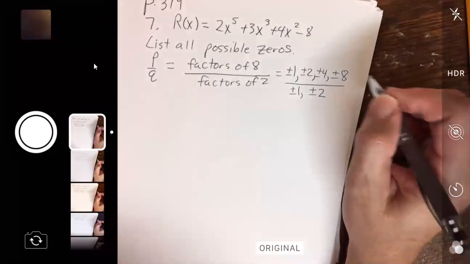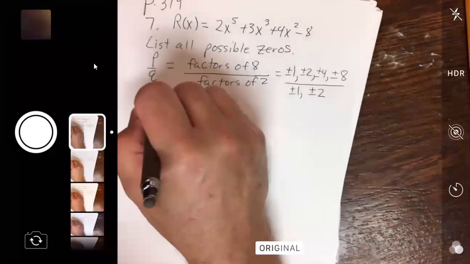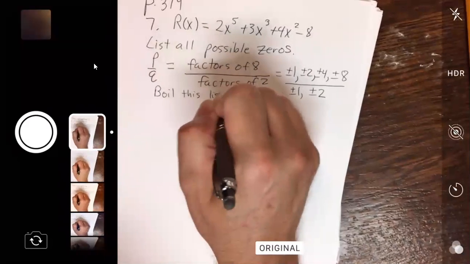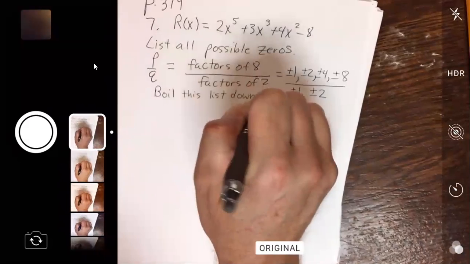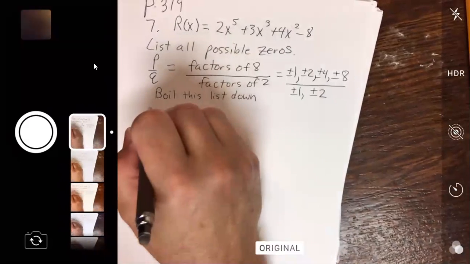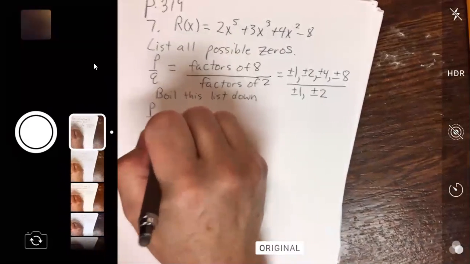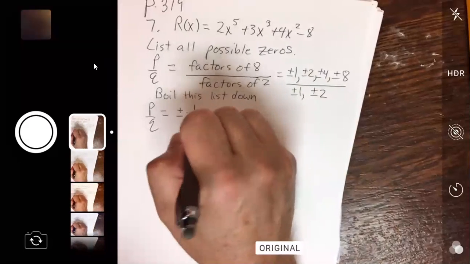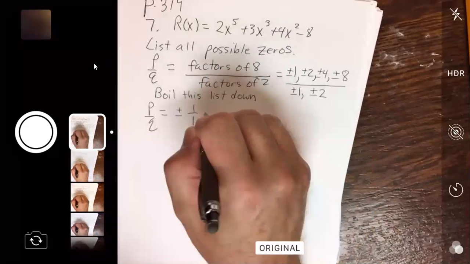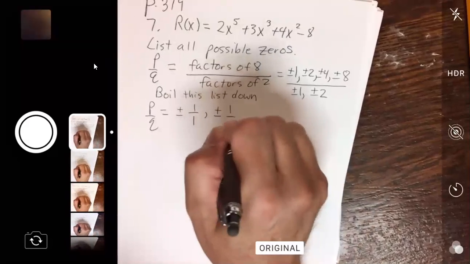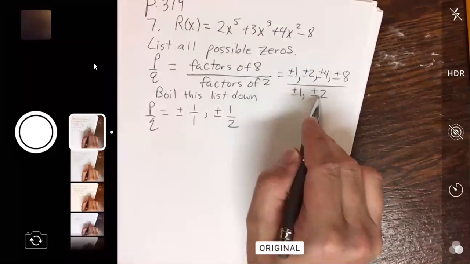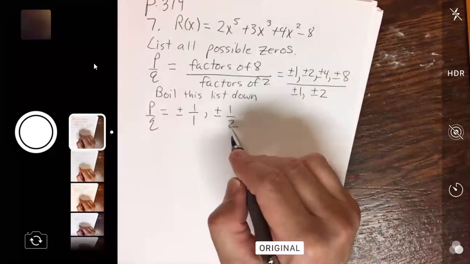Now what happens is we're going to boil this list down. So we take 1 over 1, and then 1 over 2. 1 over 1, and then 1/2. 1/2 or negative 1/2 is a possible 0.